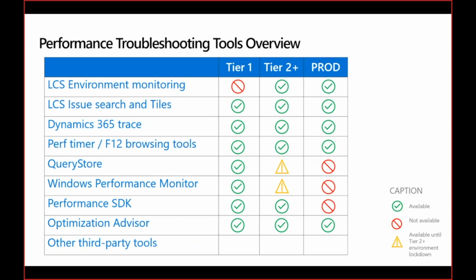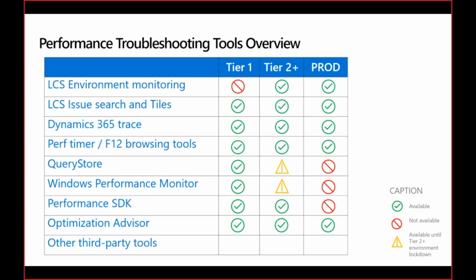Windows Performance Monitoring is not part of this TechTalk because it's just a standard Windows Performance Monitoring tool everybody should be familiar with. The Performance SDK will be part of a separate TechTalk session, which we plan for the end of January 2019 timeframe. So we will not go deeper into this tool in this session. And at the end of the presentation, I will still highlight the Optimization Advisor tool.